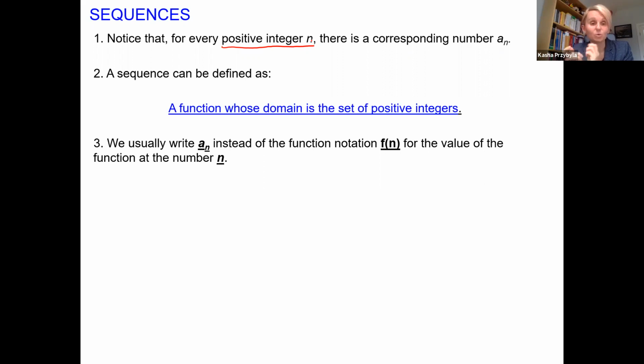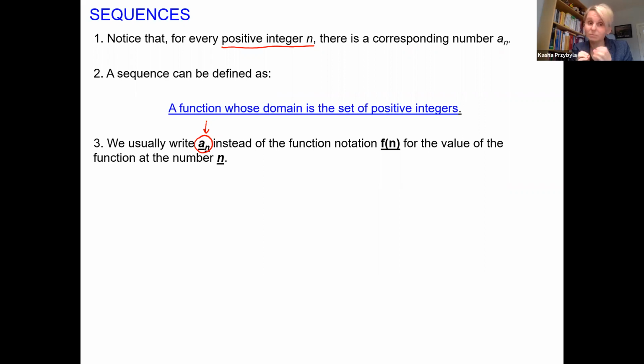We can think of our sequence as a function, but with a certain domain, and the domain is just the positive integers. We do have a notation different from the function notation for the sequence, which of course is a sub n. We will probably not use f of n, but we can still think of it as a function because we will have a formula, and everything will depend on n.